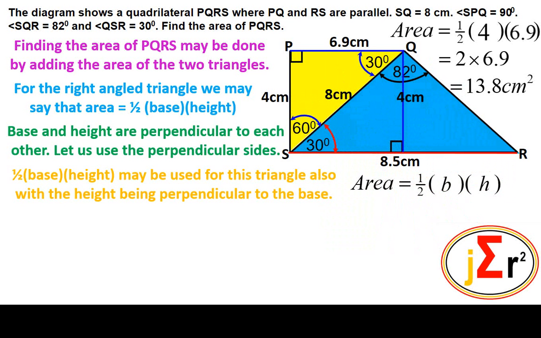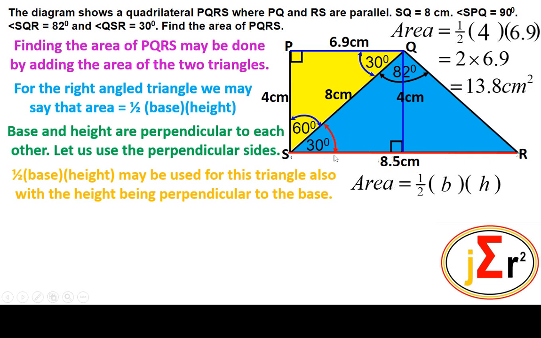Therefore, what we consider to be the height must have two properties. It must be perpendicular to the base, and it must go from the base to the other vertex of the triangle. So we are saying half base times height, and we are saying that this is our base.